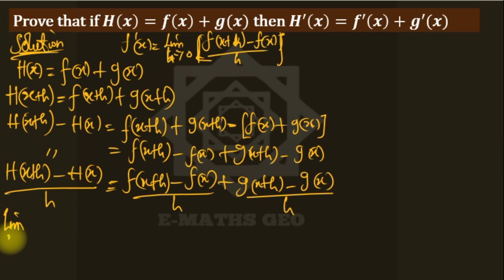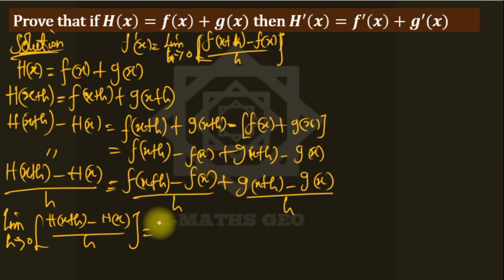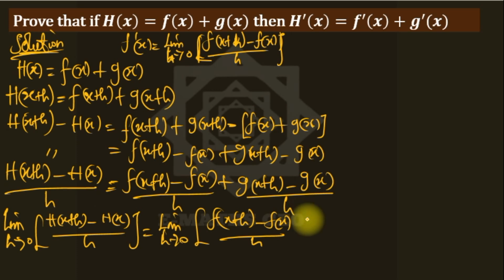So we'll get the limit as h tends to 0 of h of x plus h minus h of x over h. So the same thing, limit as h tends to 0 of everything plus that, sorry, over h.